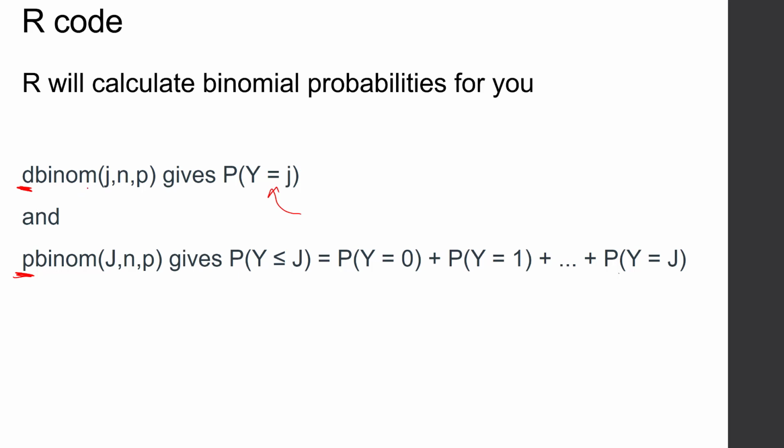So if you give the dbinom function the value you want to calculate the probability of being equal to, comma, your sample size, comma, your probability of a success, it's going to give you the probability of being exactly equal to that number j. The P functions in R are the cumulative distribution functions. This gives you the probability that your binomial random variable is less than or equal to a specific value j. So pbinom of j, comma, n, comma, p gives you the probability of being less than or equal.